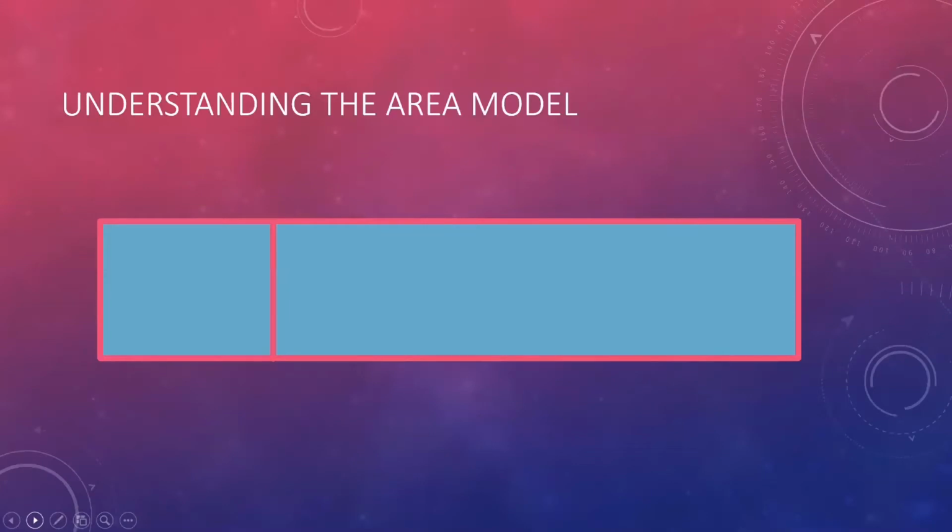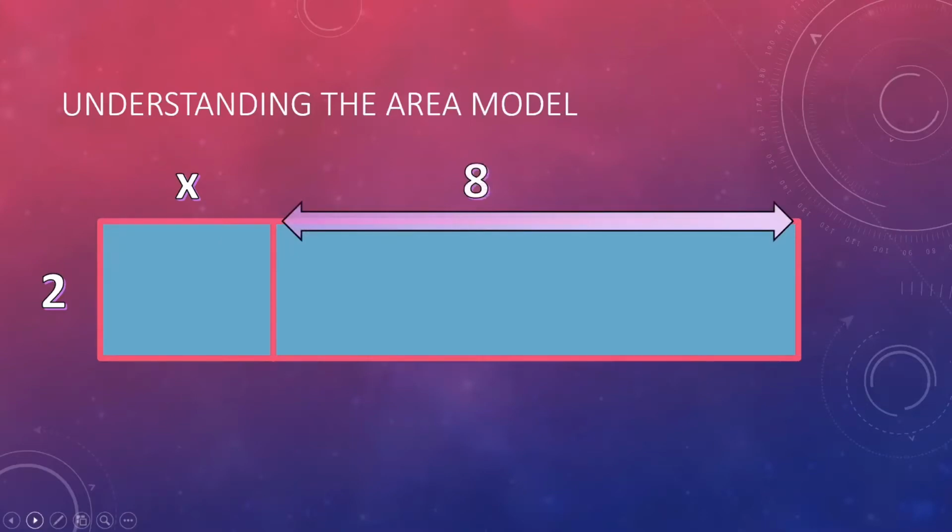So before we can start, we have to understand an area model. That's kind of what the distributive property is. So we know area of a rectangle is length times width, right? Well, if I have a width of 2 and a length of x, I don't know what this one is for my smaller square, but of my larger one, it's 8.